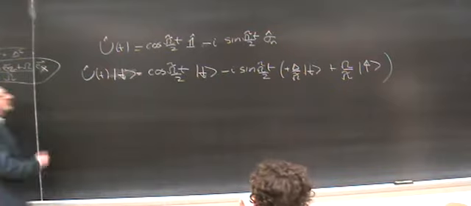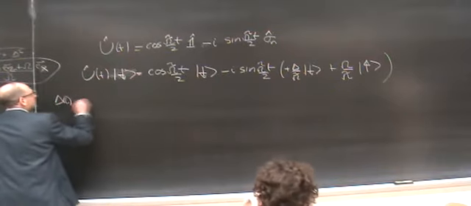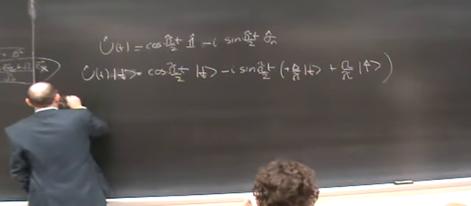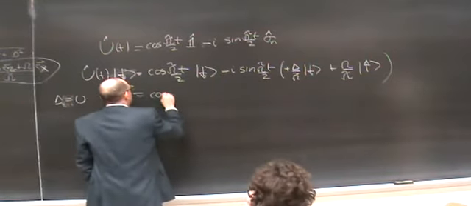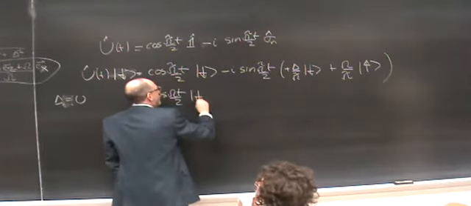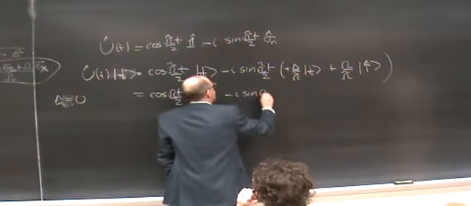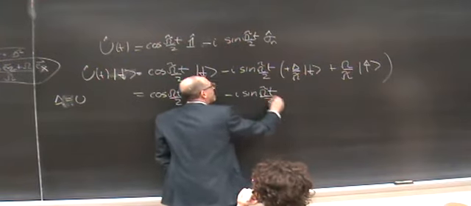Now when delta equals 0, this is equal to... Shouldn't it be a minus delta? No, because it's spin down. But let's not worry about these tiny minus signs.